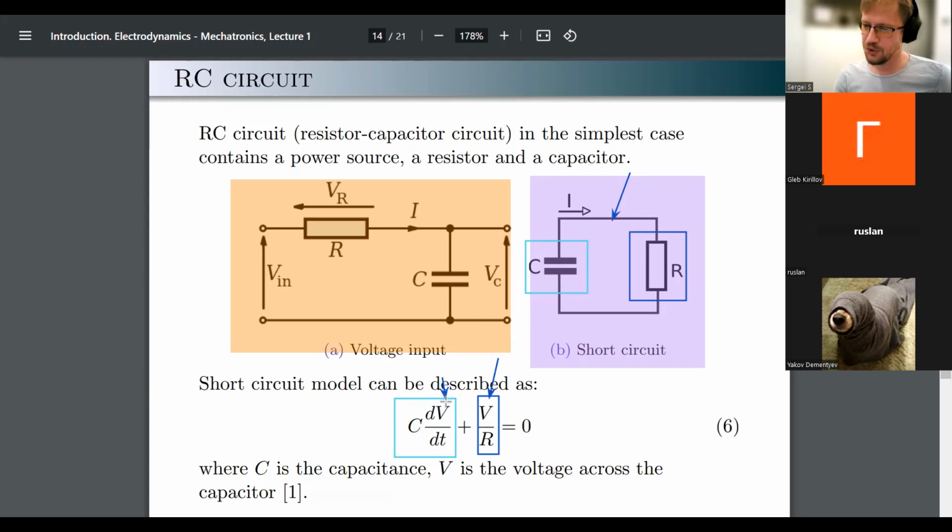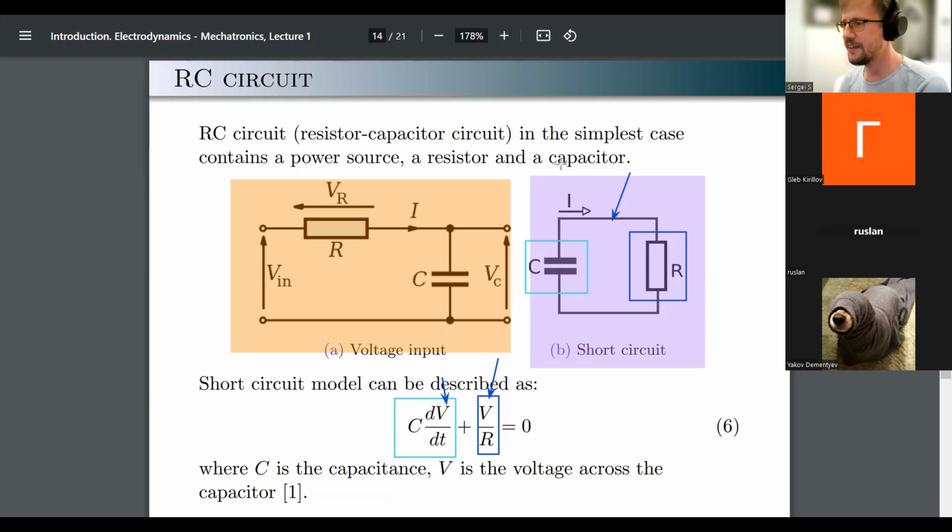Of course, here you can also write V as R i, and then R does not change with time, so R will go out of the derivative. You will have C times the rate of change of i times R, and so on. So this equation we can derive using Kirchhoff's current law, and that's one example of how we can do it.